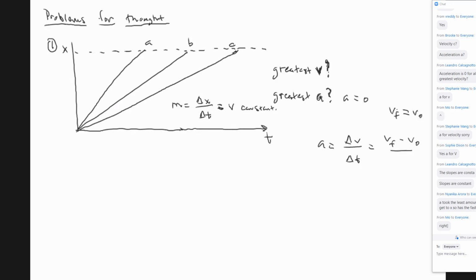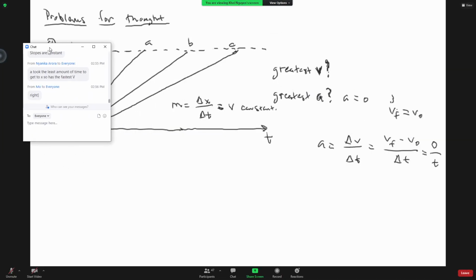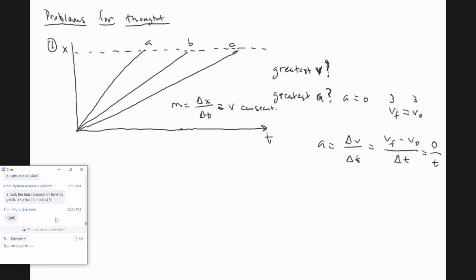What's your acceleration? Zero. Because there's no change in velocity, right? If it was starting at 3 it'll end at 3 because the velocity is constant. Does that make sense? So if it's constant velocity, final minus initial is always going to be 0. So therefore no acceleration. Sorry, it's much easier when you see numbers. When you see variables, you're like, they're all different things, right?